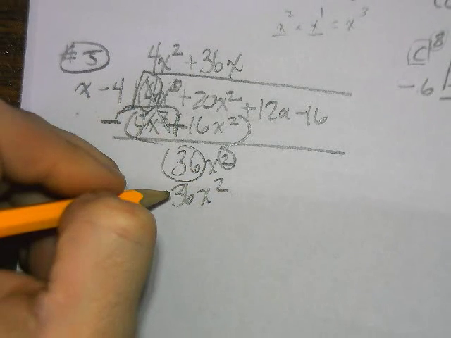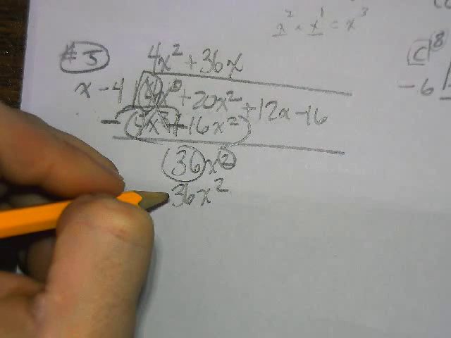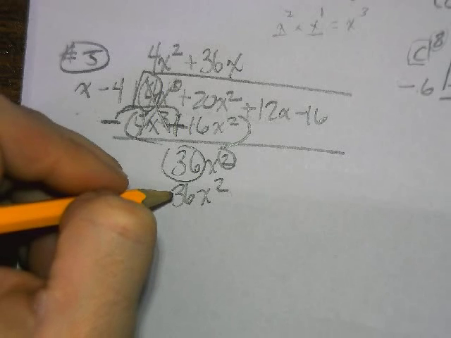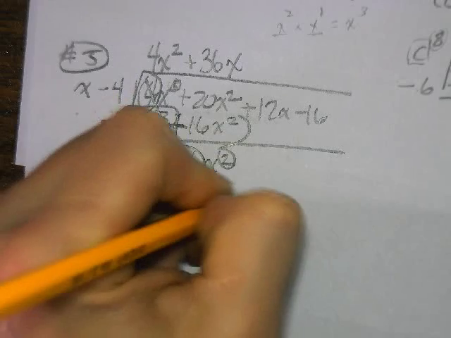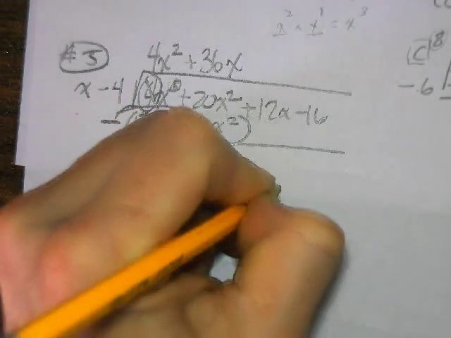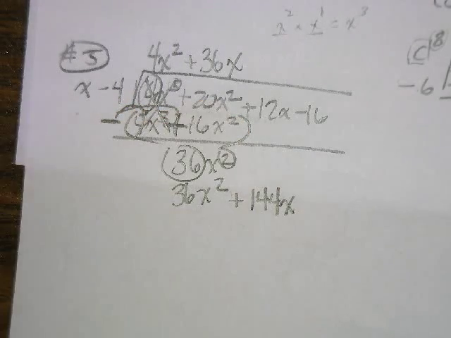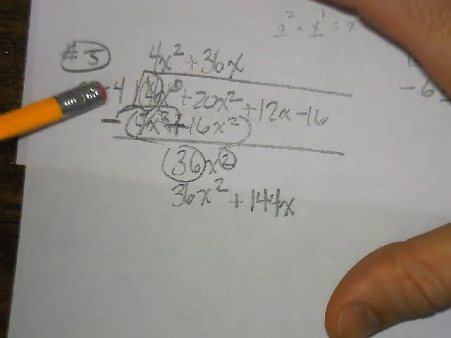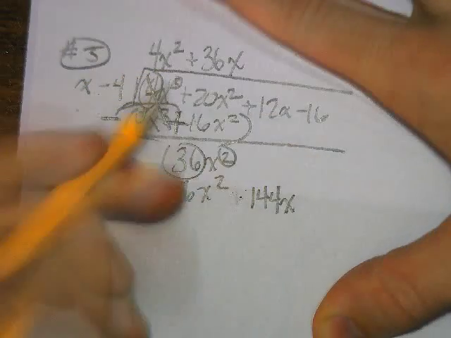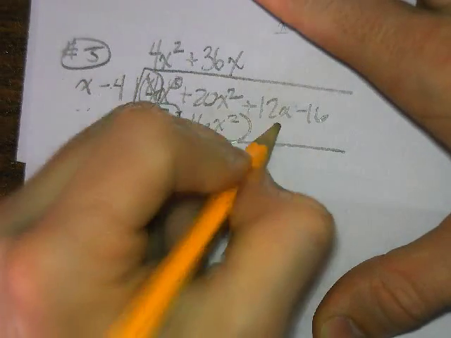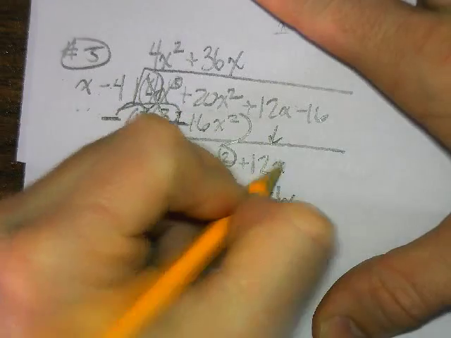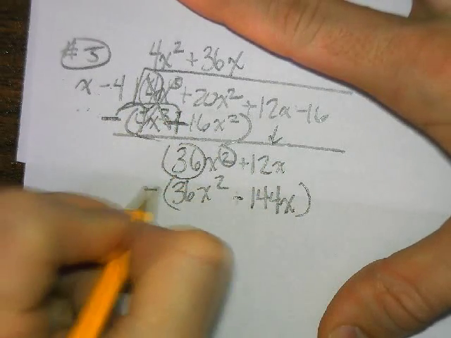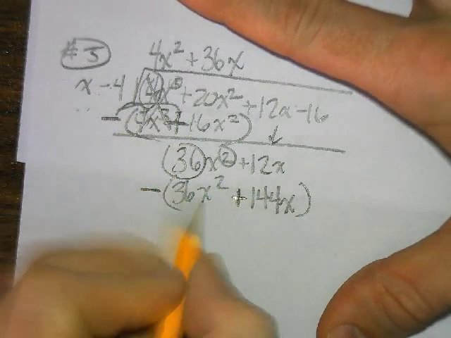That gives us 144x, like that. I want to check my signs. I have a positive up here and a negative over here, so there should be a negative sign here. And when you do that, you're going to flip your signs. You're going to subtract. So you have this 144, and then you're going to add on this 12. You're going to get 156x to come out of that.